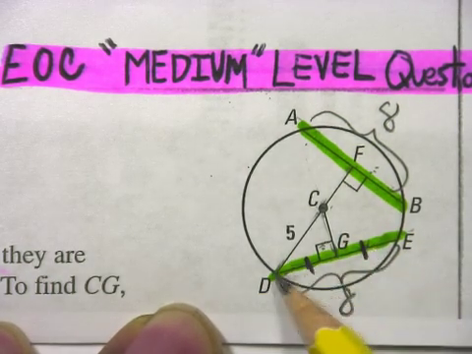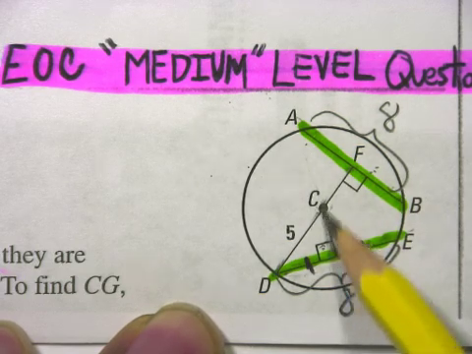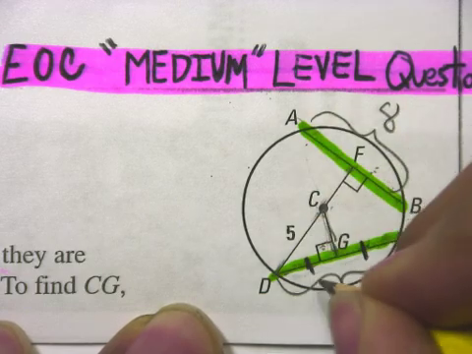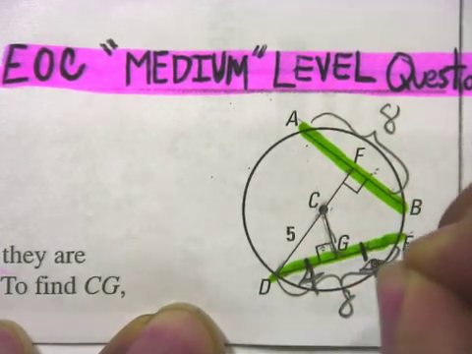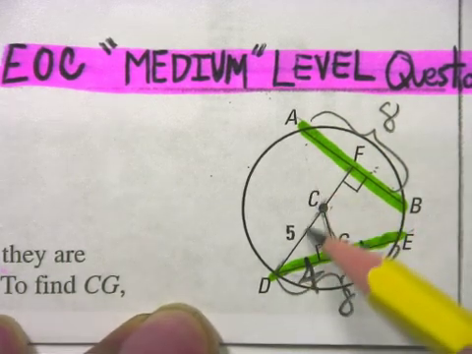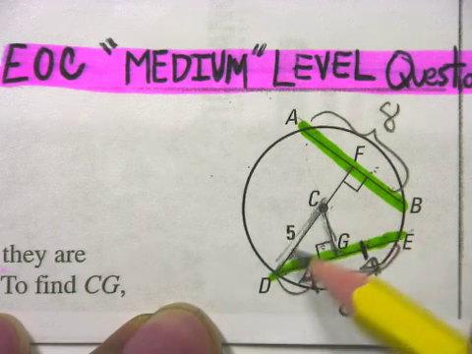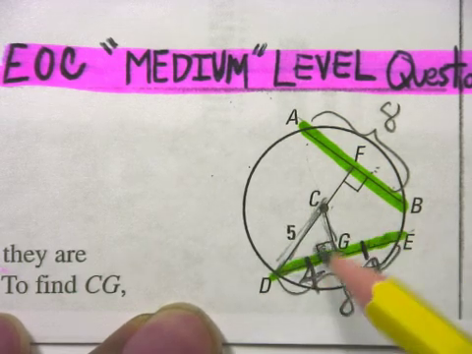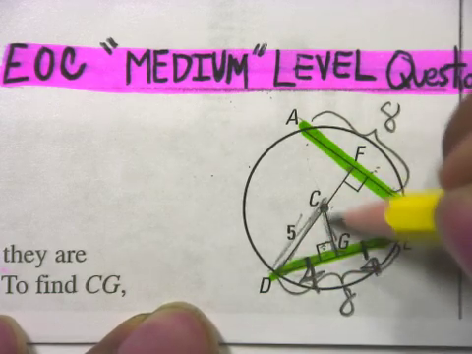If DE is perpendicular with CG, that means that CG has to be bisecting this chord, cutting it into two equal portions. So if this whole chord is 8 and it's perpendicular, then it's being bisected. So D to G is 4 and G to E is also 4.